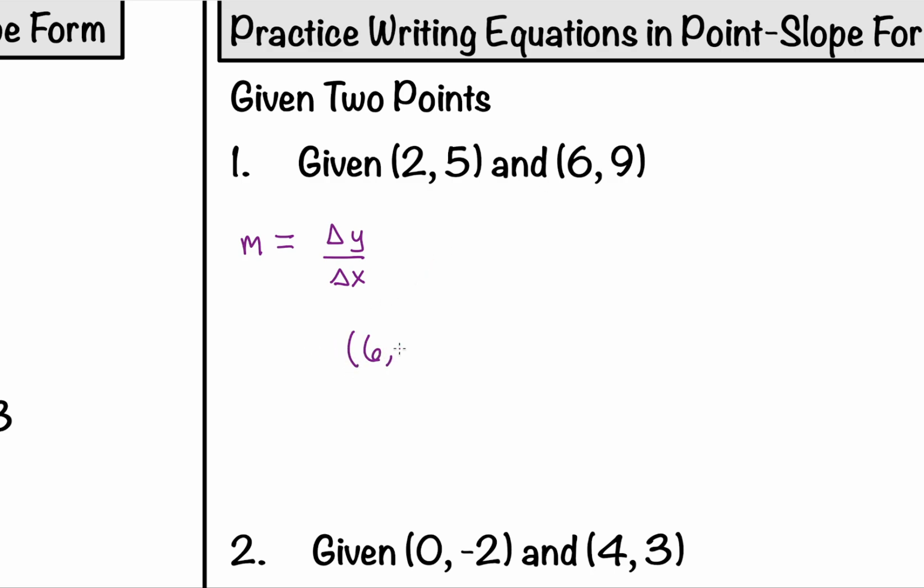So we're going to go (6, 9), and we're going to subtract the point (2, 5). Now, as I do the subtraction here, 6 minus 2 is 4. This is my change in x. 9 minus 5 is 4. That is my change in y. So my slope is 4 over 4, which is just 1.